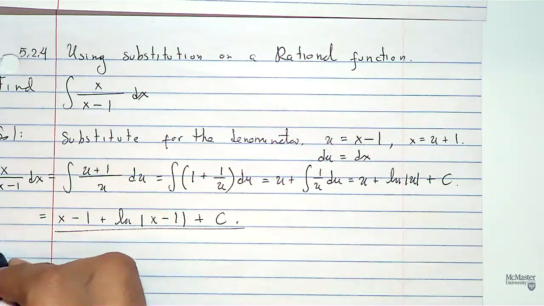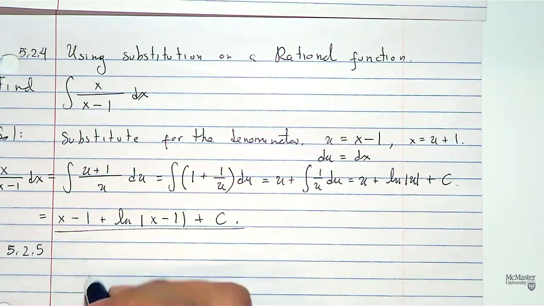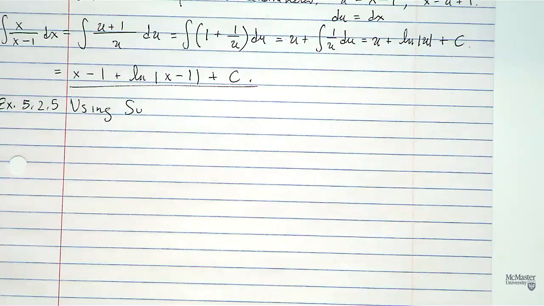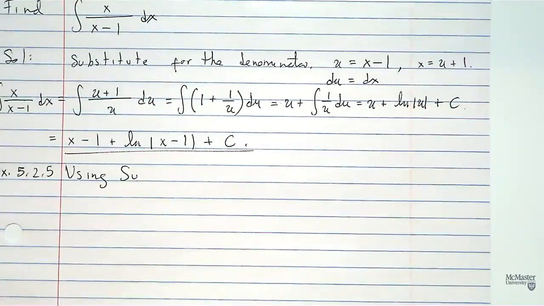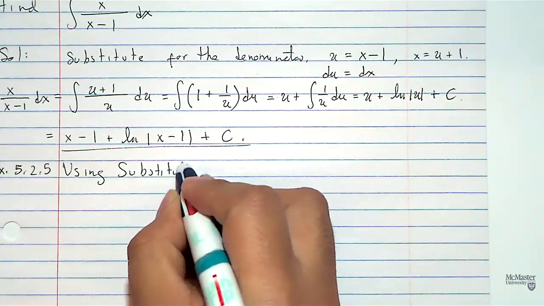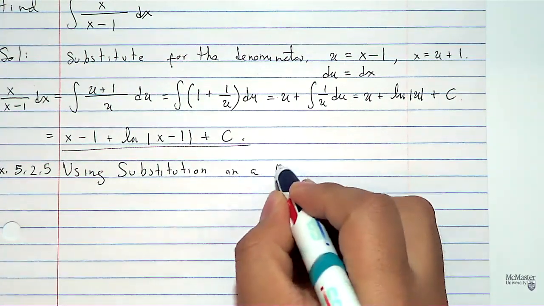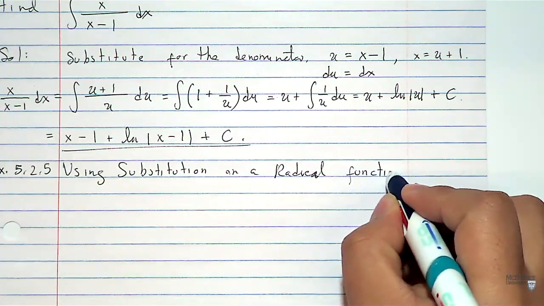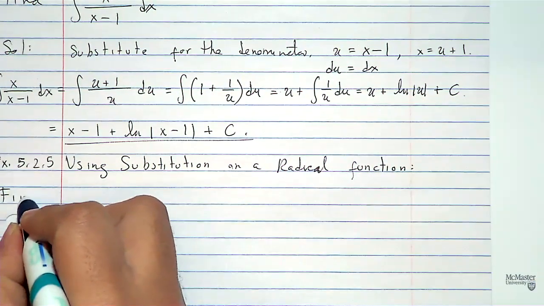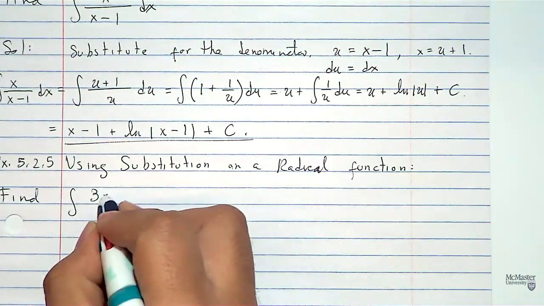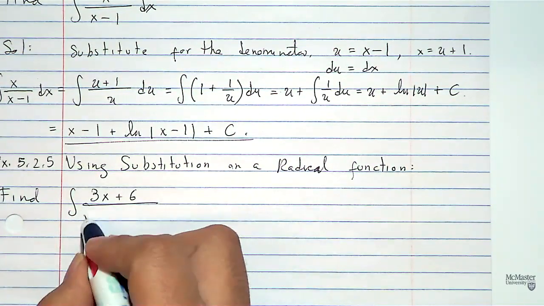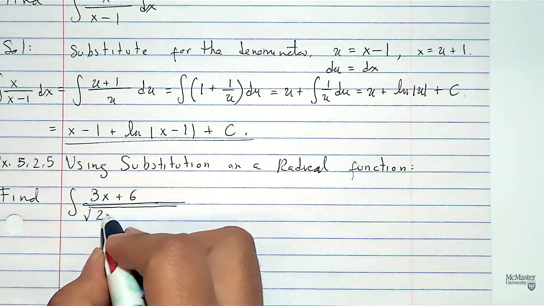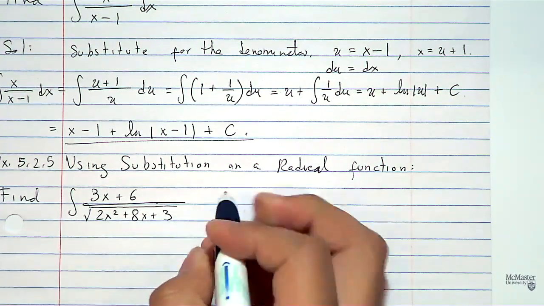The next example is using substitution on a radical function, where you have to find the integral of 3x plus 6 divided by the square root of 2x squared plus 8x plus 3 dx.